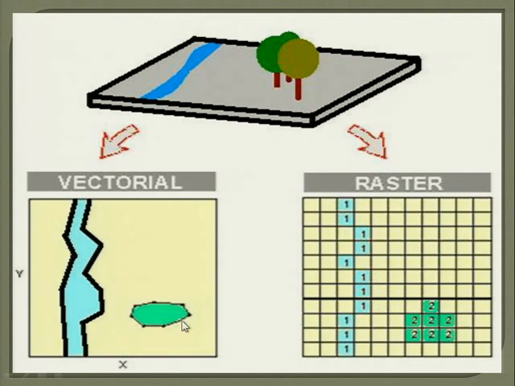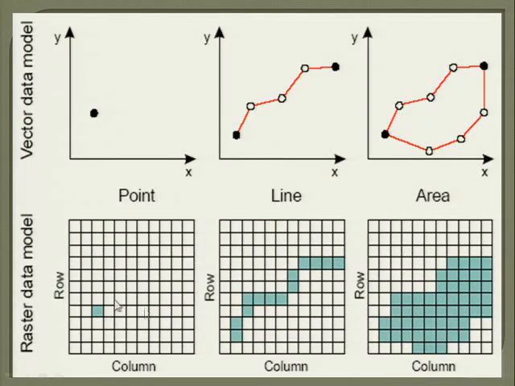A polygon that you get in the form of vector data, you can also get the very same polygon in the form of raster data. The main difference is that in a raster you work with pixels, grid blocks. In vector data, you work with points, you work with lines, and when you join them, they give you a polygon.